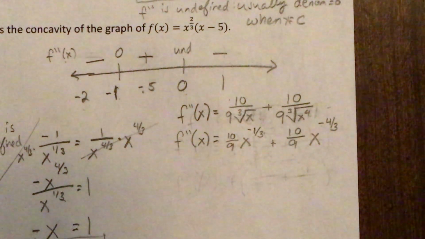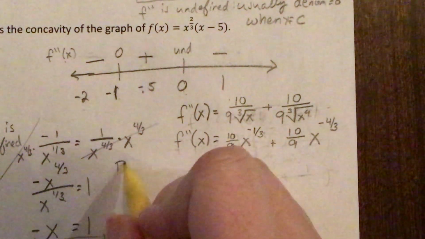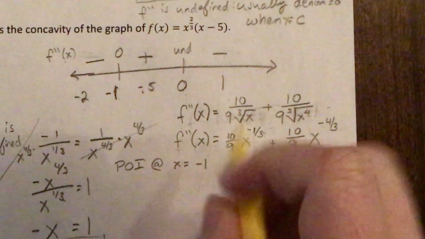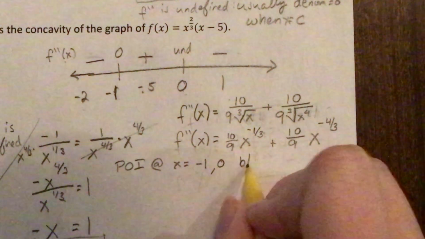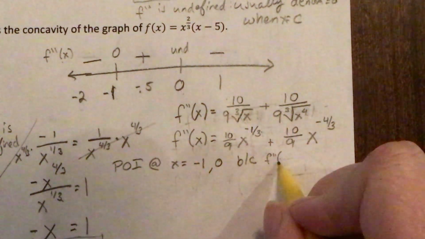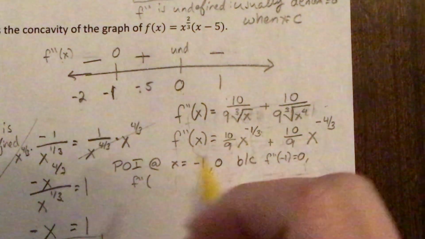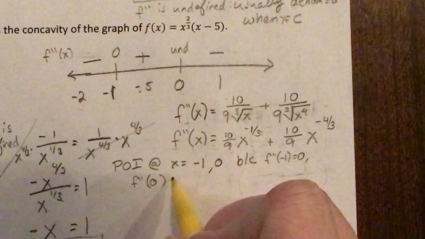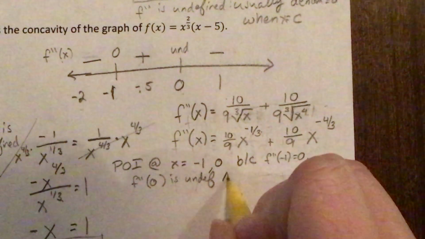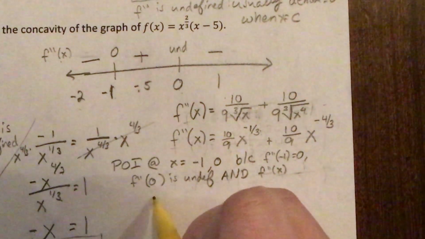Our goal was to determine points of inflection. We have points of inflection at x equals -1 and 0 because f double prime of -1 equals 0, f double prime of 0 is undefined, and f double prime of x changes signs.